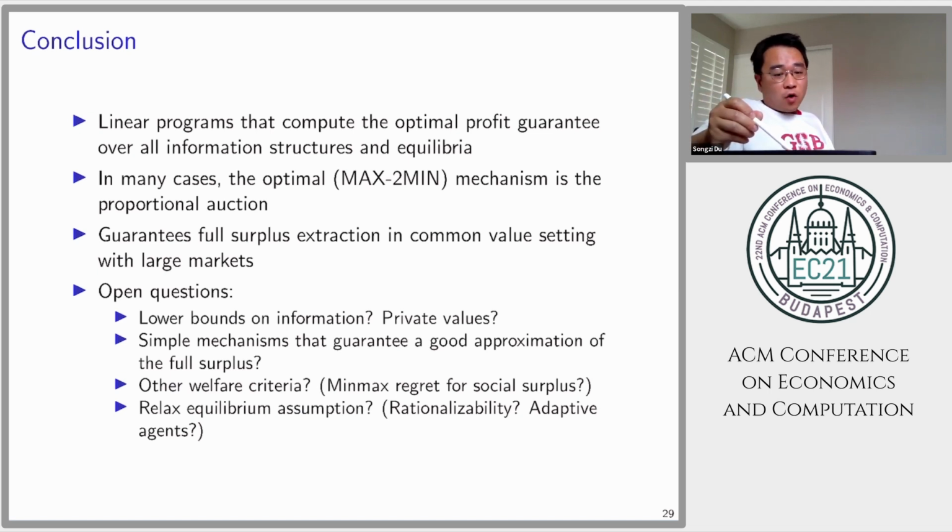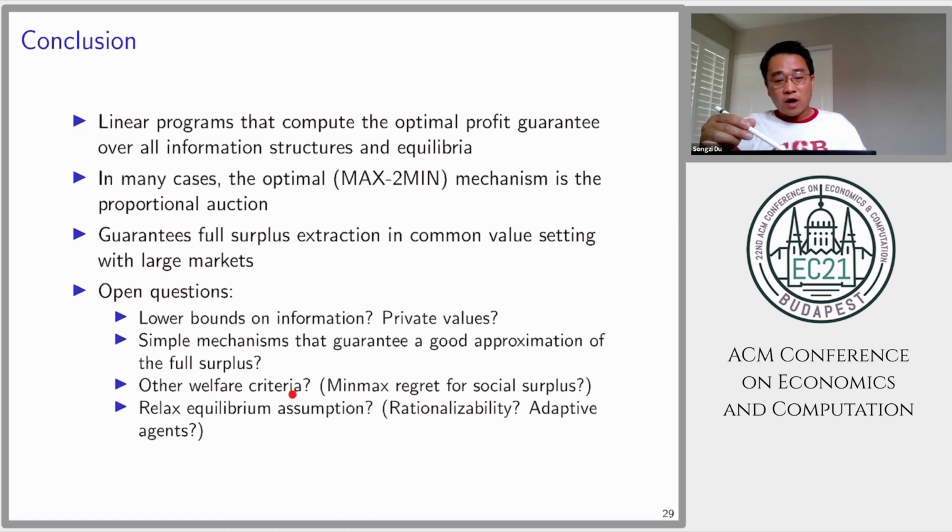And of course, we can talk about simple mechanisms which can guarantee a good approximation of the full surplus. The guarantee might not be exactly optimal, but it is still a large fraction of the full surplus, for example, even uniformly across the size of the market. That's an interesting question to explore.